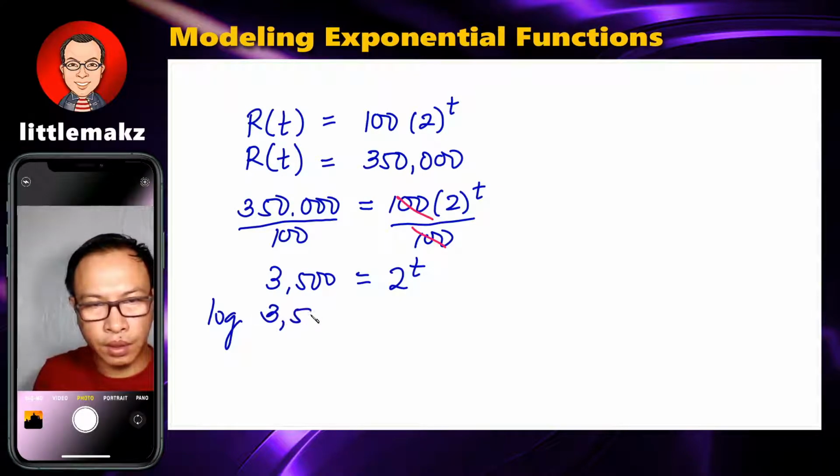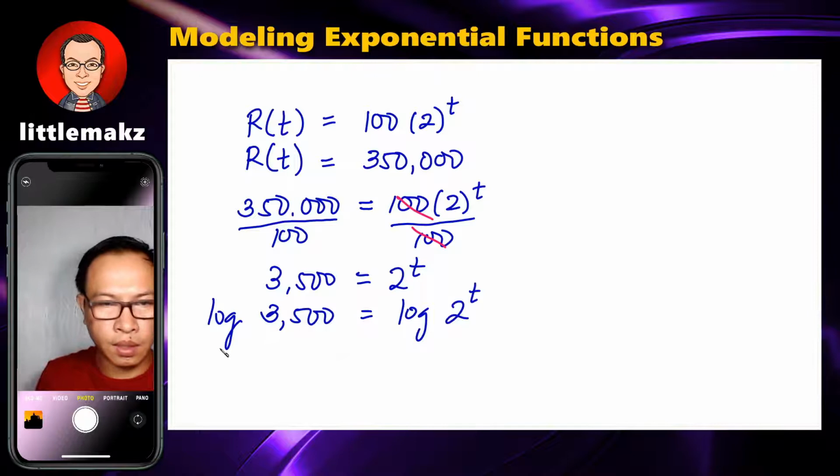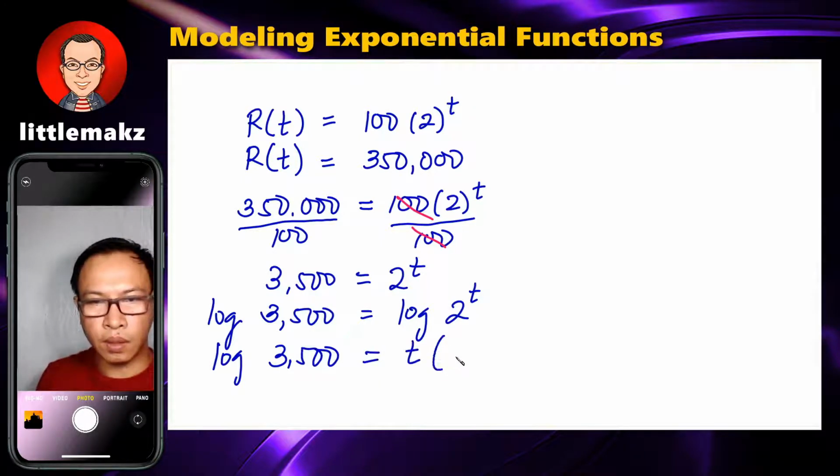The logarithm of 3,500 is equal to the logarithm of 2 raised to the power of t. And that is, the log of 3,500 is equal to t times the logarithm of 2.